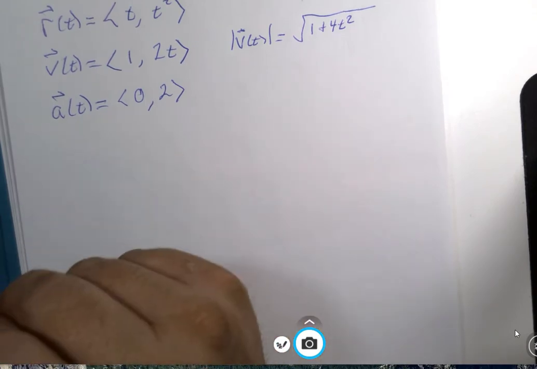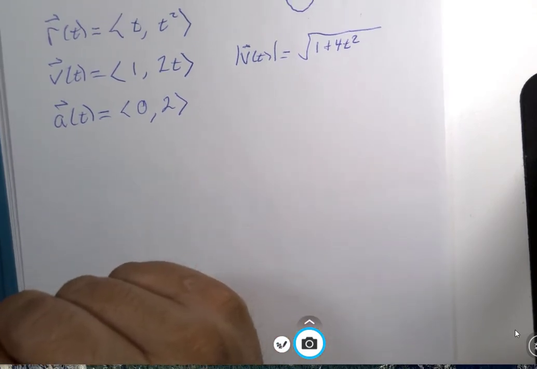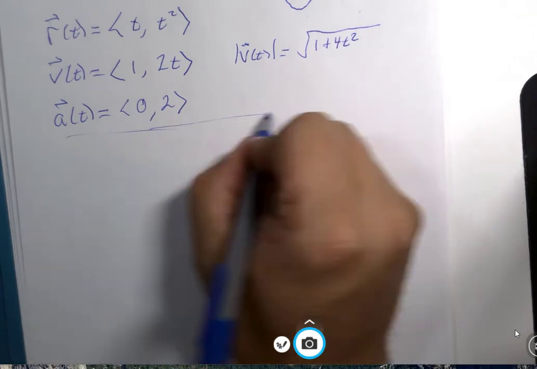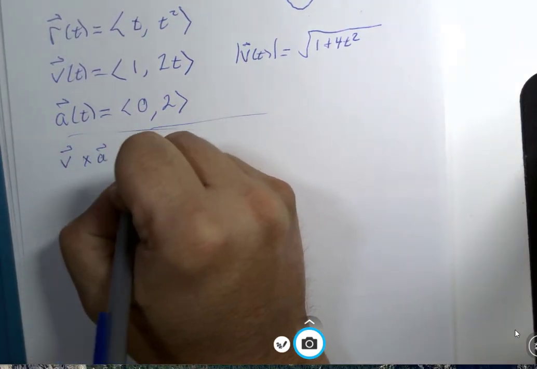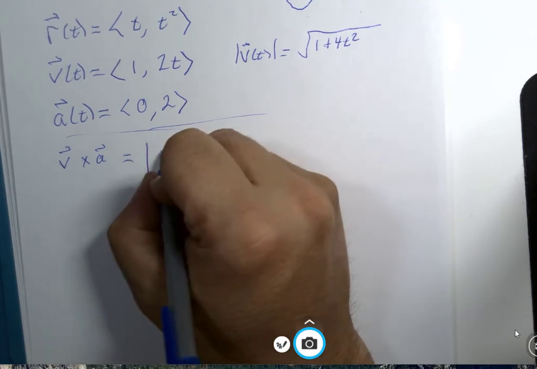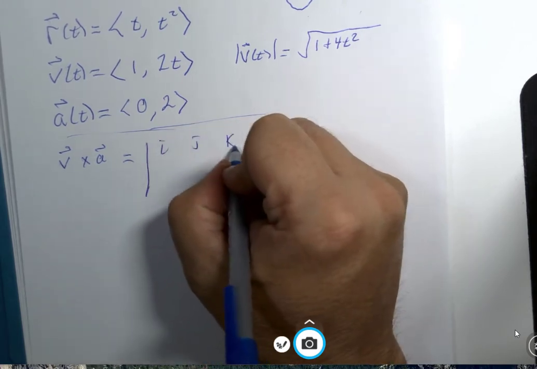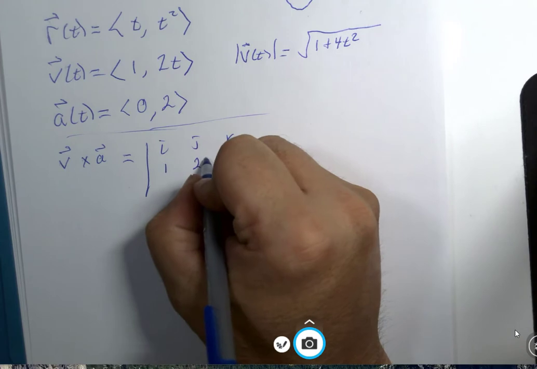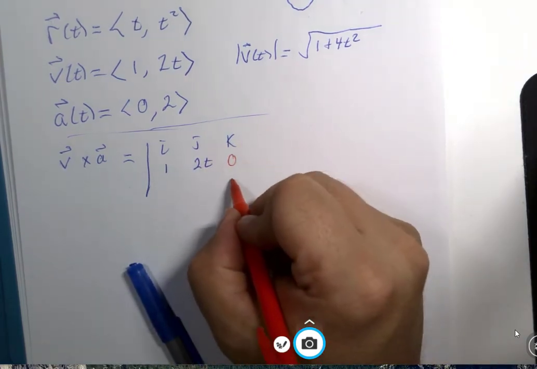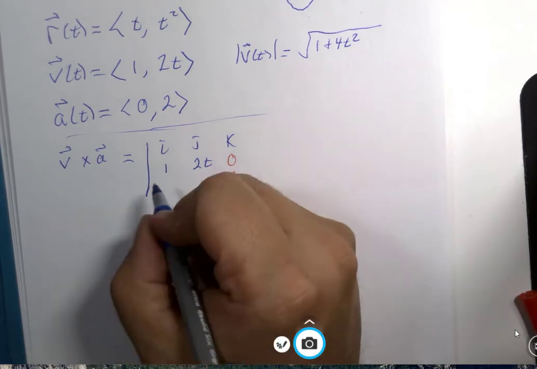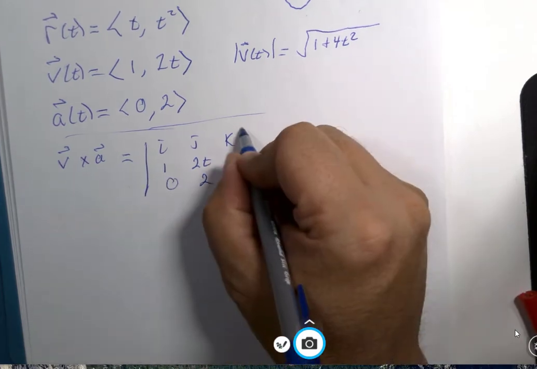So before we go and actually find a curvature, let's do the cross product. Let's see, i, j, k, 1, 2t. The third component is 0 in both cases. 0, 2, 0.